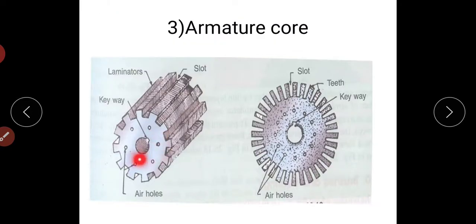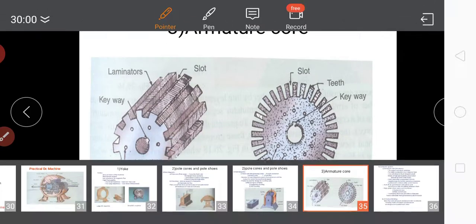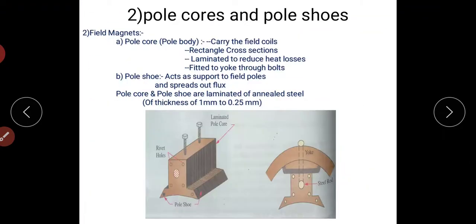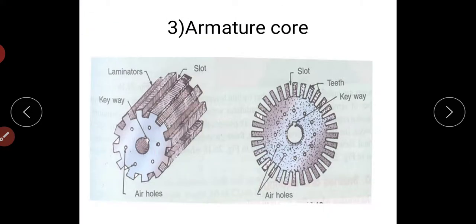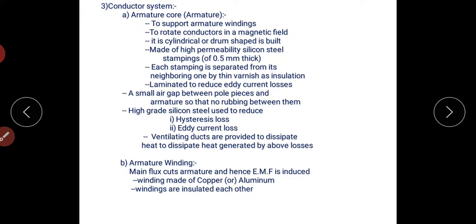The armature core has holes, and these holes are called ventilating ducts. For cooling purposes, air holes are provided on the armature core.